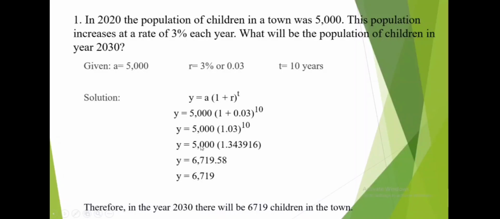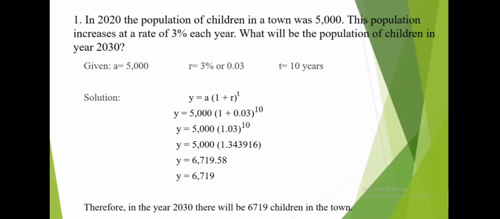Then we have 5,000 times 1.343916. Our answer is 6,719.58. But since we are talking about children here, we do not use decimal points. So that 0.58 will be eliminated because we are talking about, again, children.